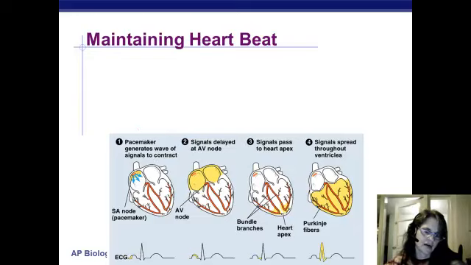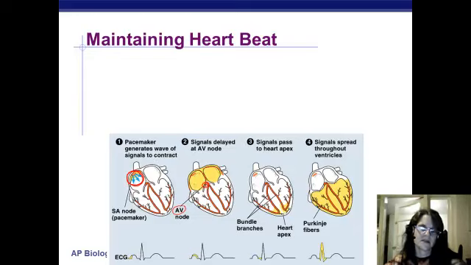So let me show you in this diagram. Here is the SA node up here in the wall of the atrium, the right atrium, and it will send an impulse. This impulse will cause the signals to travel through the walls of the atrium, where they will reach something called the AV node, because this is another node of nervous tissue.